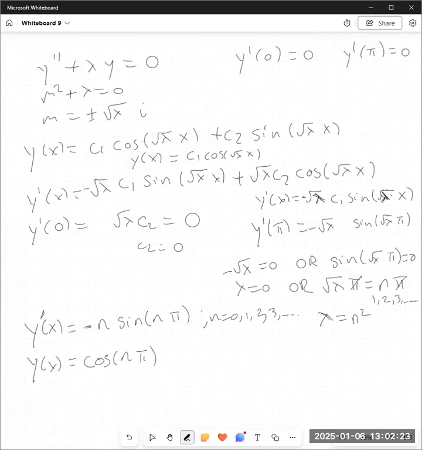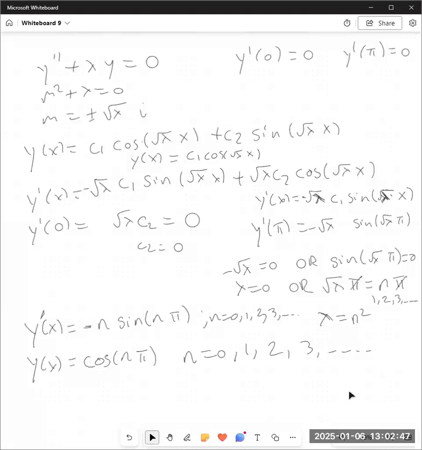So going all the way back up to y right here, letting C1 be 1, cosine of root lambda is going to be n, with n being allowed to be 0 here. So on and so forth.